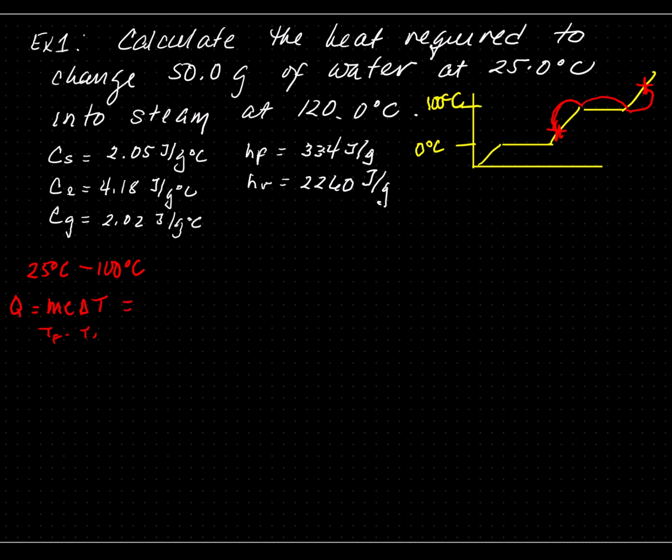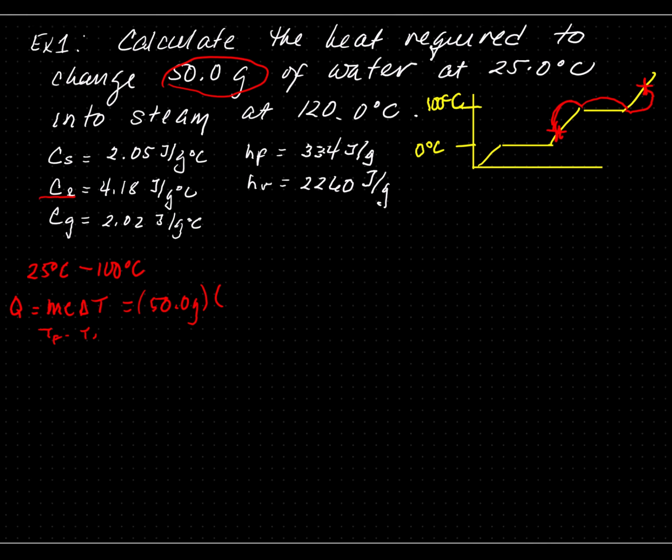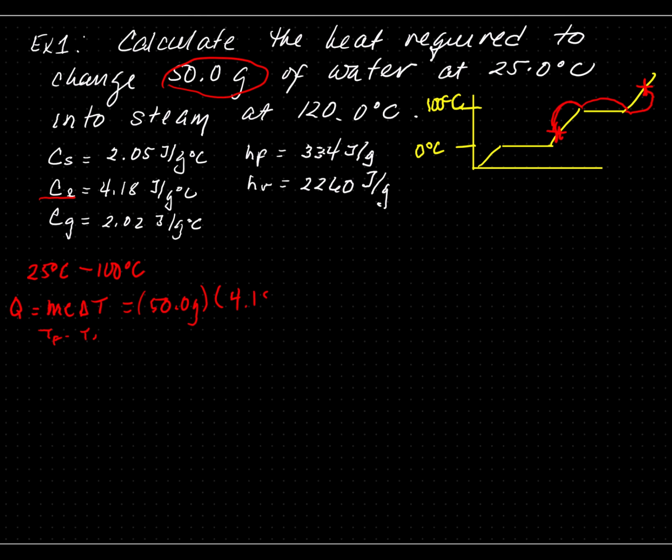Now I'm going to plug in. The mass given is 50 grams. Since we are in the liquid state, the C that we're going to use is for liquid, which is 4.184 joules per gram degrees Celsius.